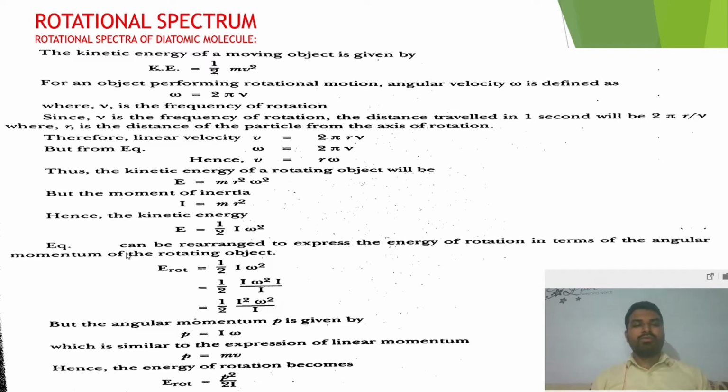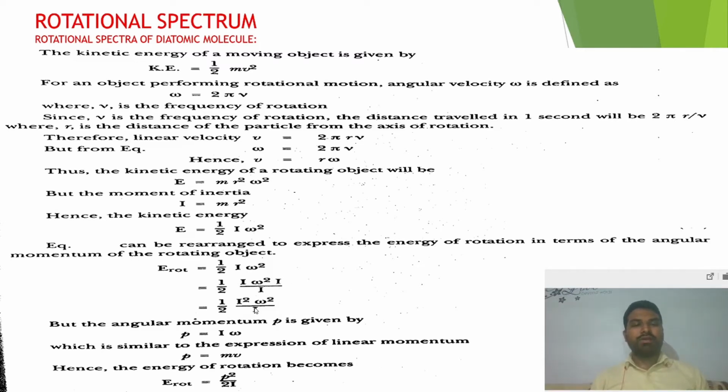Now this equation can be rearranged to express the energy of rotation in terms of the angular momentum of the rotating object. E rotational, means energy of rotation, is equal to half I omega square. Now half I omega square multiplied by I and divided by I. We have multiplied and divided the denominator and numerator by inertia.